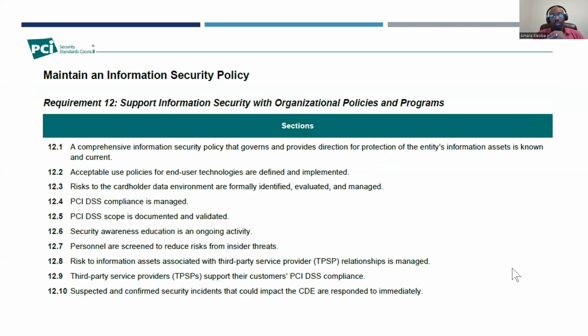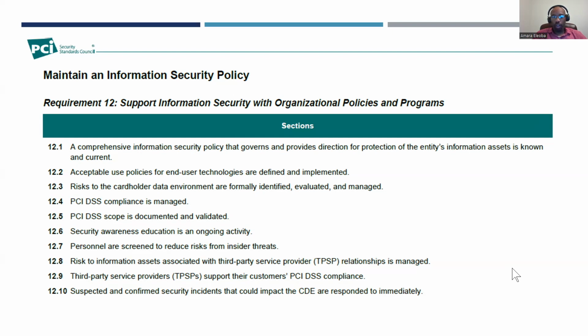All right, so let's go to requirement 12, which is the last requirement for PCI. So 12.1, we need a comprehensive information security policy that governs and provides direction for the protection of the organization's information assets. We want to make sure it's known and current. Then 12.2, acceptable use policy for end-user technologies is defined and implemented.